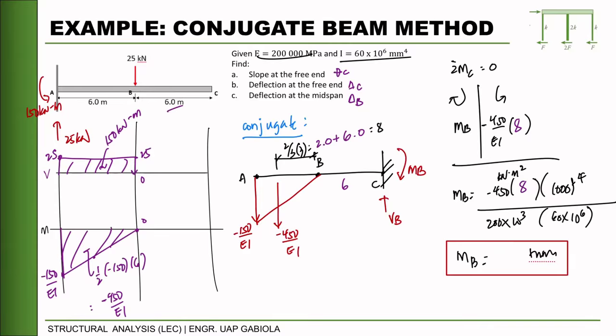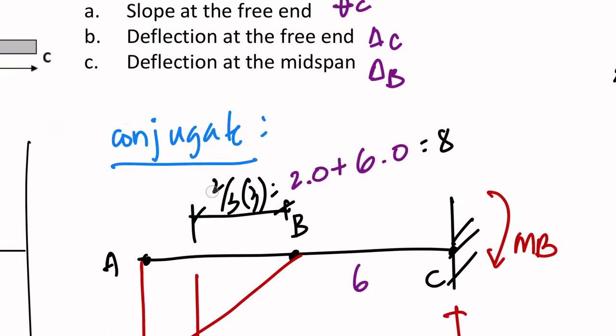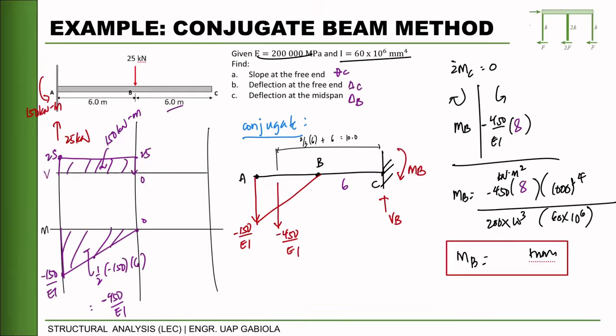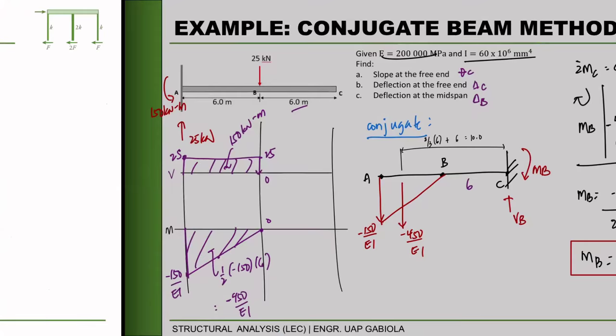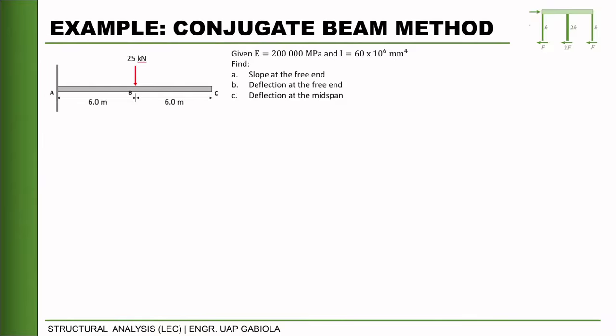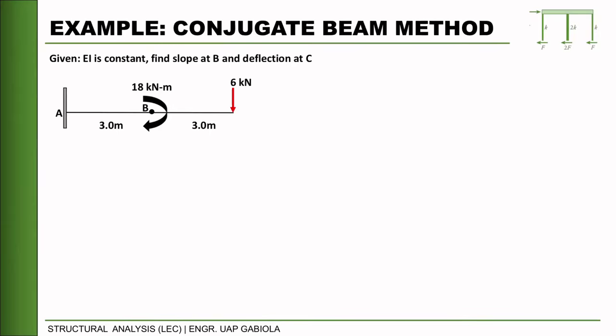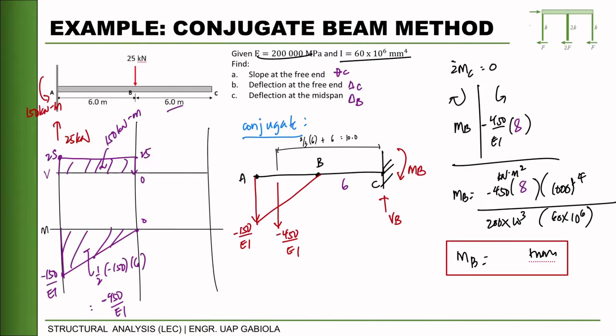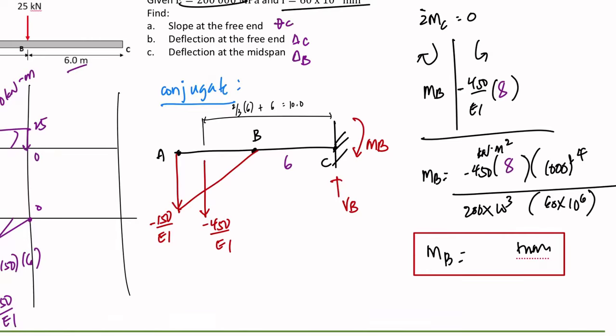So, wrong distance again. So this should be 2/3 of 6 plus 6 equals 10. So this should be C. Okay.